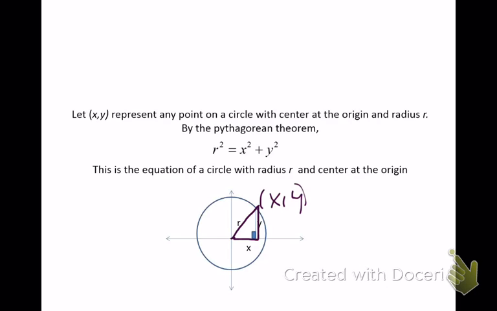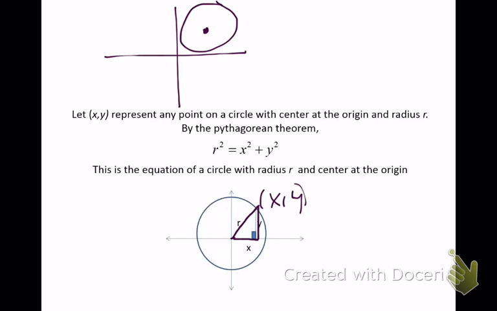But what happens if the center is not at the origin? Something like if the center was here and the radius was here, okay? Now, real quickly, there are two things that distinguish one circle from another, and it's the center and the radius.